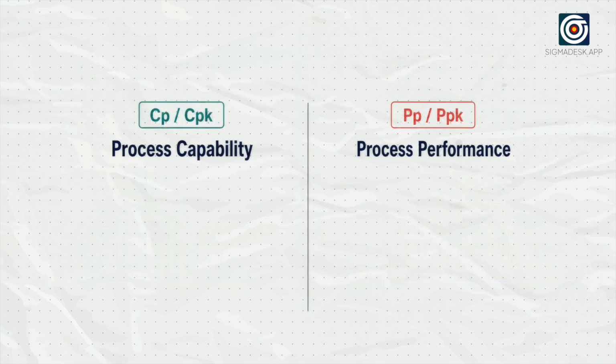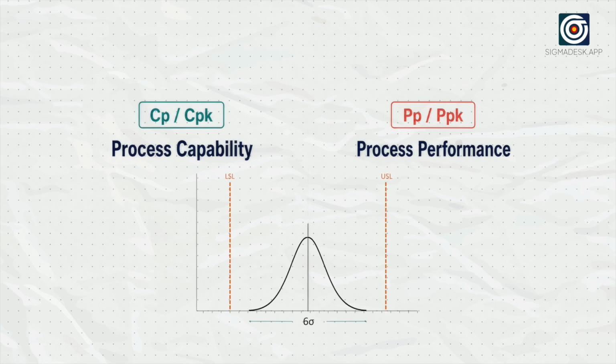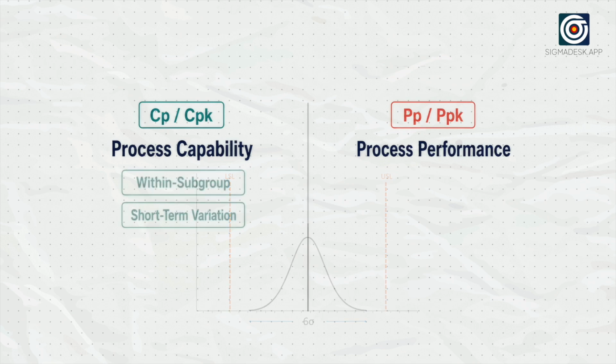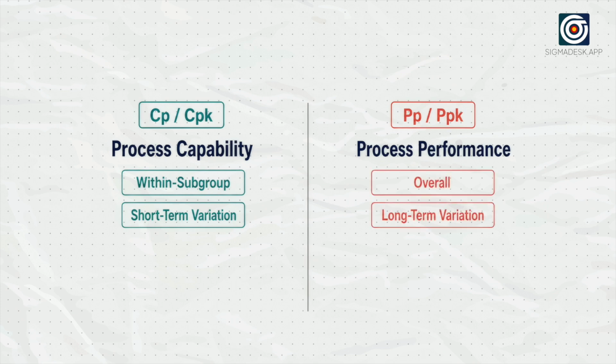Let's get started. Although both metrics compare process variation against customer specifications, they answer different questions. Cp and Cpk measure process capability using within-subgroup variation, also known as short-term variation. Pp and Ppk measure process performance using overall variation, also known as long-term variation.